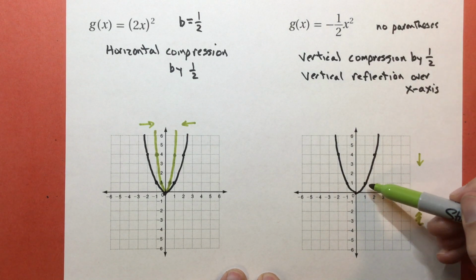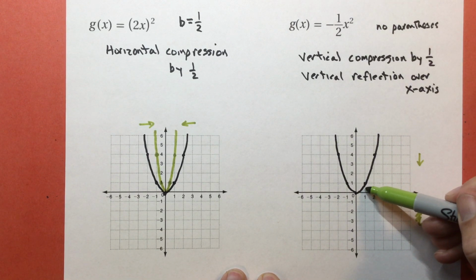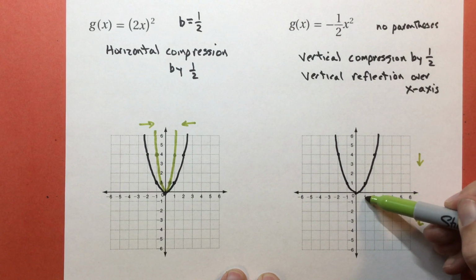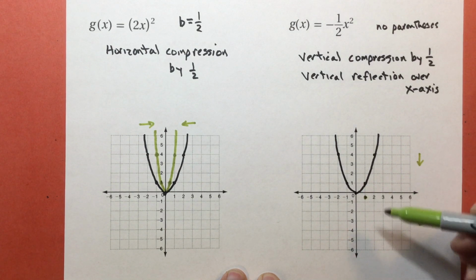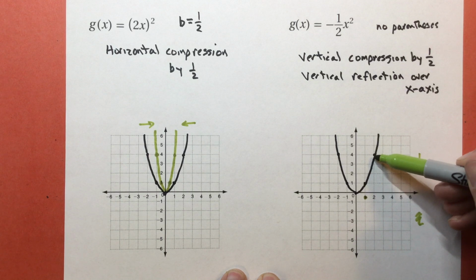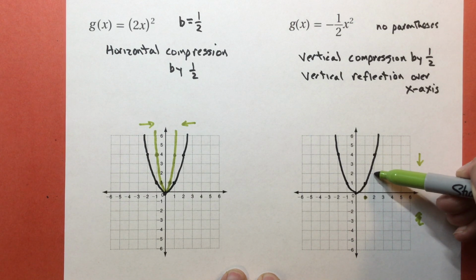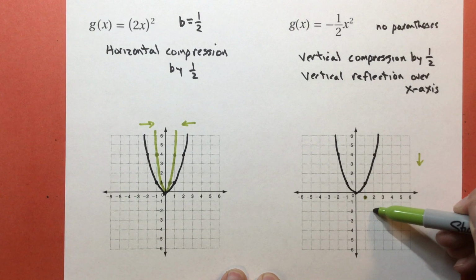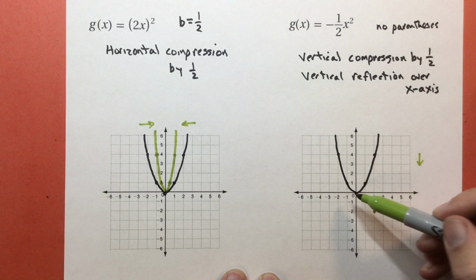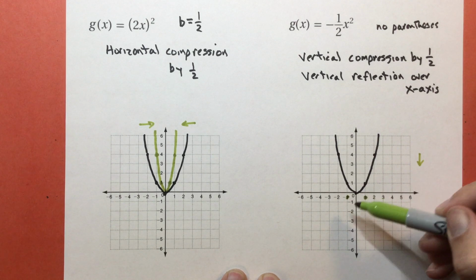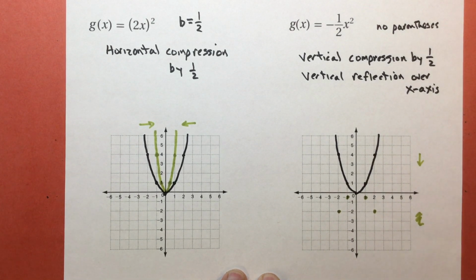So this point is at 1, 1. I'm going to move it down here to 1, 1/2, and then flip it. It's going to end up right there. This point, I'm going to cut in half, so it's going to go from 4 to 2. And then I'm going to flip it, and it's going to go right here. Using symmetry, I get the other two like that.